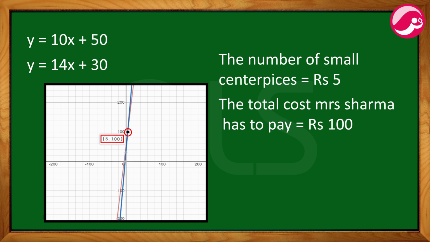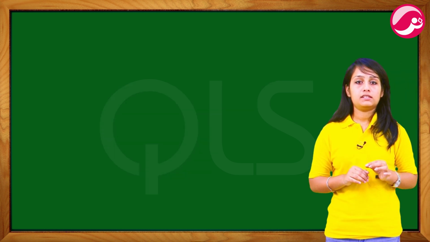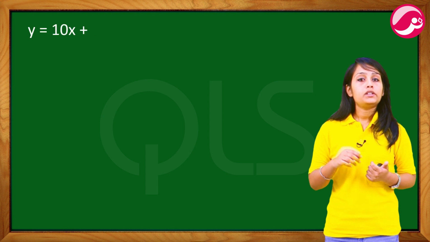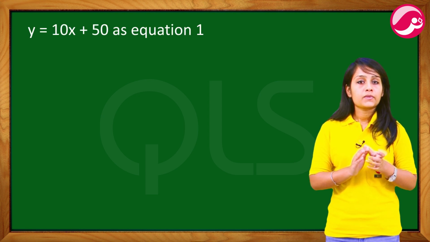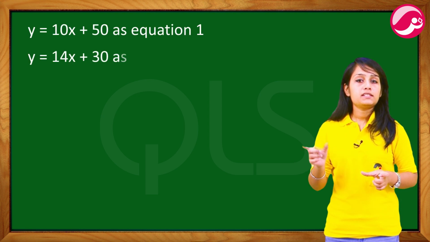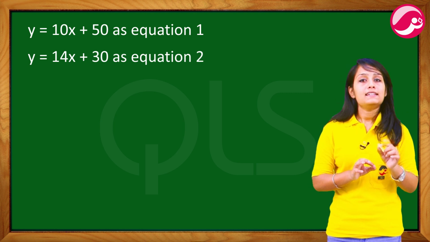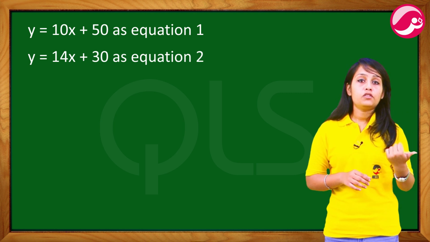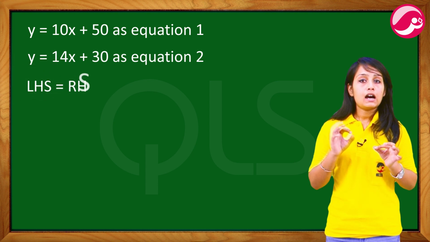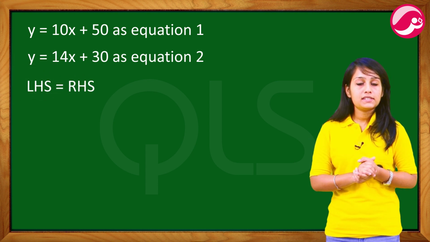Obviously, we can solve it without using a graph as well, as it is given that the price Mrs. Sharma would be paying to any of the florists would be the same. Hence, we get a relation from this. Taking y equal to 10x plus 50 as equation 1 and y equal to 14x plus 30 as equation 2 and equating them, as the LHS or left hand side of both equations is the same, the RHS or right hand side must also be the same.